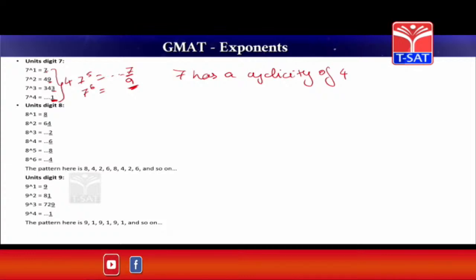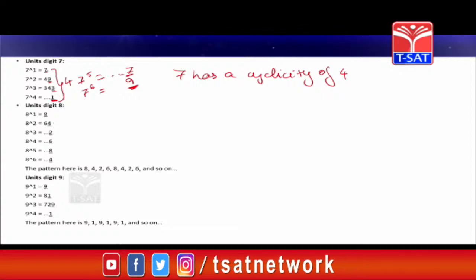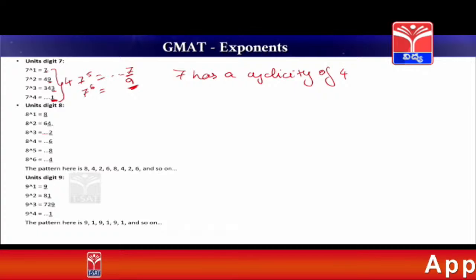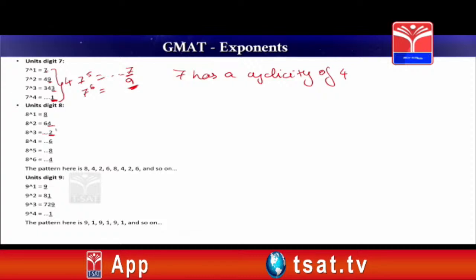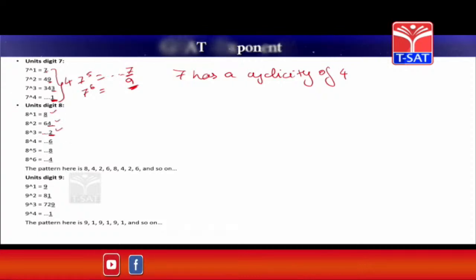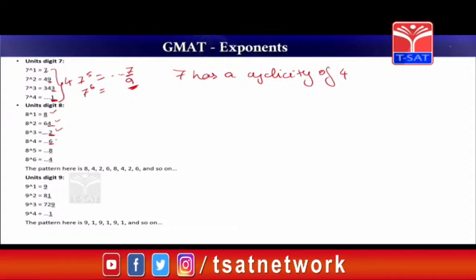Units digit when it's 8, let's look at what happens. 8 to the power of 1 is 8, 8 square is 64, 8 cube is, you don't need to calculate the whole 8 cube, just 8 into 4 will give you the answer as 32 with 2 at the units digit. And 8 to the power of 4 is, again you will get 8 into 2, that is 6 in the units place.